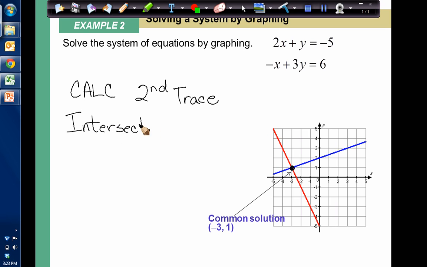It's going to ask you for a y1 and a y2, and then it's going to ask you if you want it to guess. So you have to press enter, I think, three times, and it will calculate that point for you. You can also just do it by graphing by hand. But if you can find out where the two lines intersect, that will be your solution.